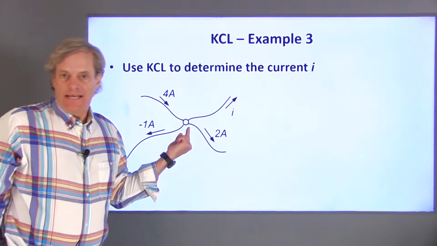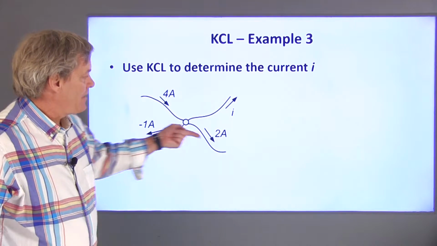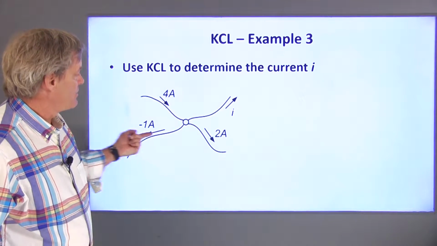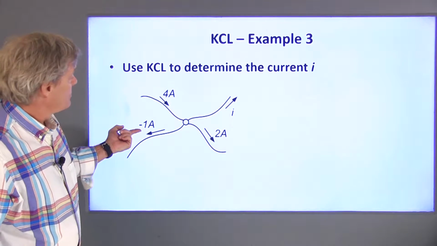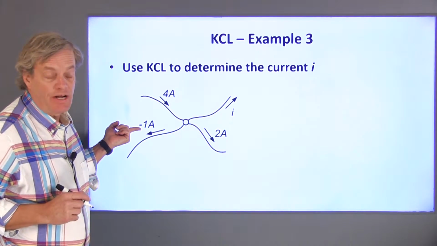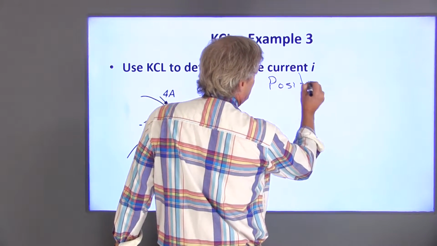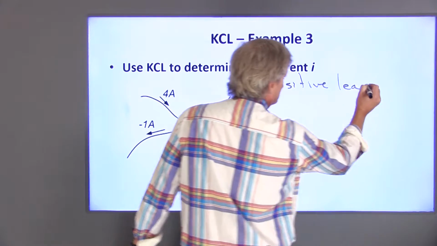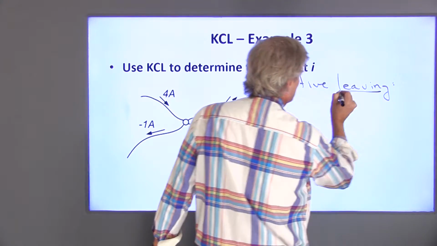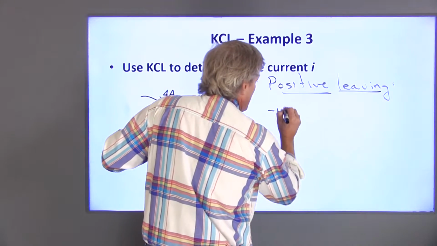I'm going to do KCL at this node to determine this current I. We're given three other currents with their assumed positive direction and a numerical value. So negative 1 amp here simply means that 1 amp is going in the opposite direction. So if I assume positive currents leaving, 4 amps is entering, I have to change its sign.